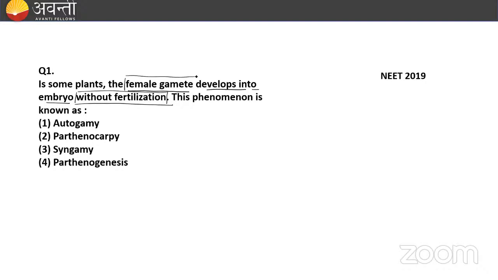Remember these 2 points: female gamete developing into the embryo without fertilization. This is an important point. Some of you have answered parthenogenesis and parthenocarpy, but they are different terms. When the fruit is formed without fertilization, and the fruit is forming from the ovary.